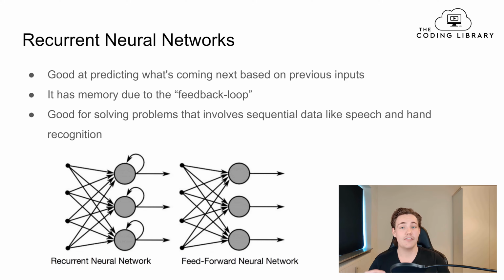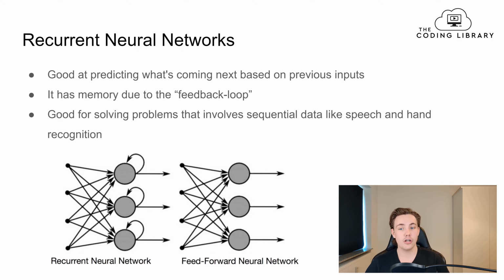So we have memory built into our recurrent neural network, which we don't have in our feed-forward neural network. So we can do predictions on what is coming next based on the previous inputs, because we remember what it has output from that neuron as well in our recurrent neural network.